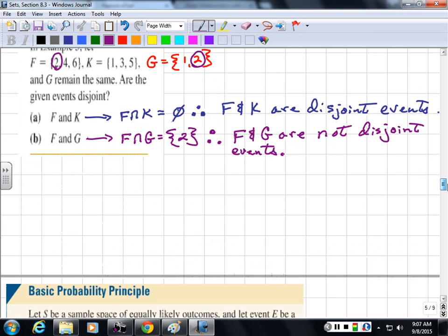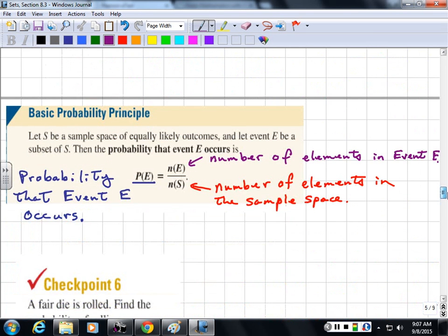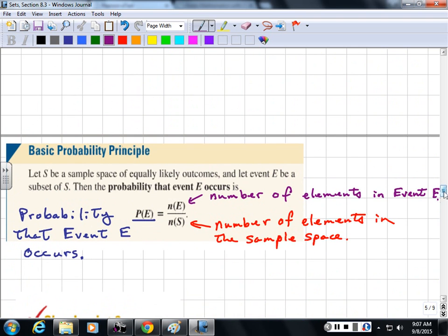Okay, let's talk about the basic probability principle, and that's this right here. There's a lot here. Make sure you get it all. We're going to let S be a sample space of equally likely outcomes. We're going to let event E be a subset of S. Then the probability that event E occurs is given by the following formula.